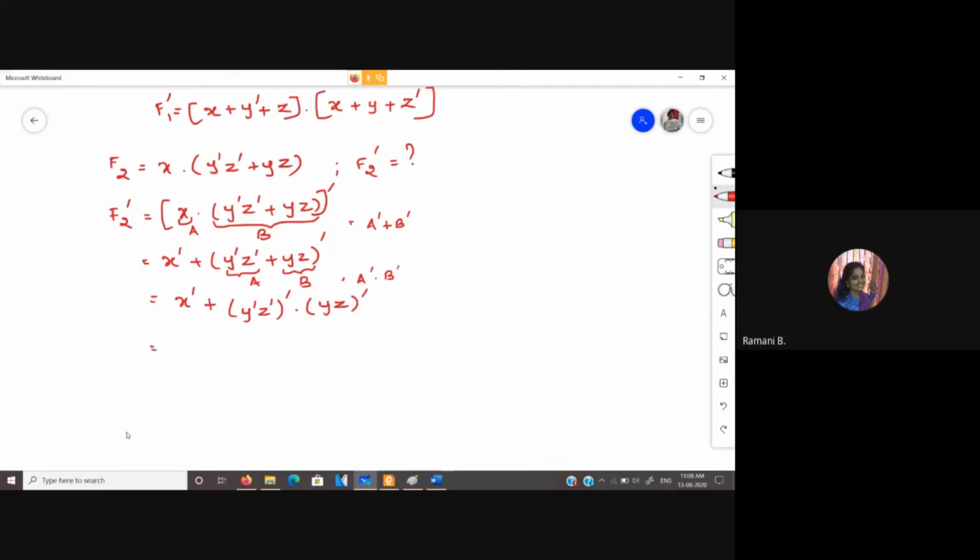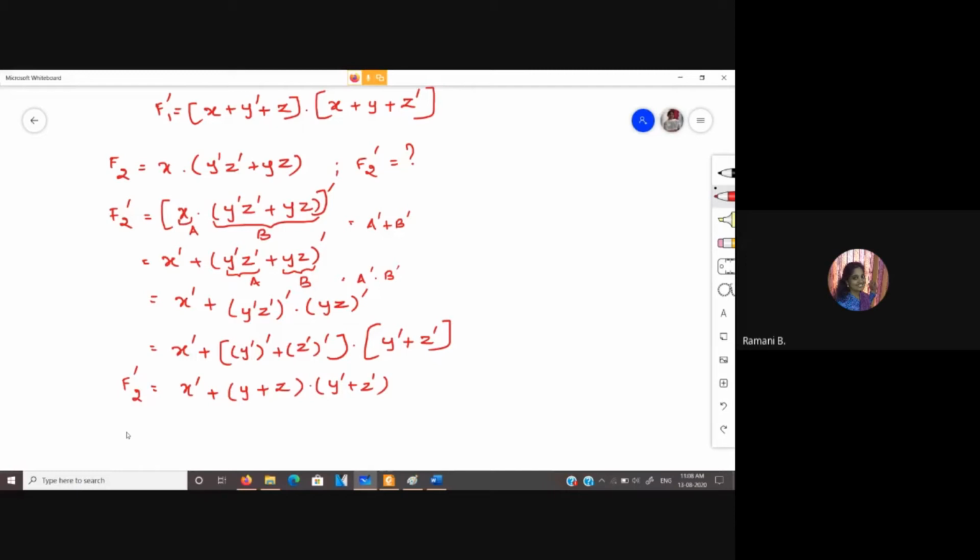Now again applying De Morgan's theorem, this will be x bar plus y bar the whole bar plus z bar the whole bar dot y bar plus z bar. So this will be x bar plus, so y double bar will be y and z double bar will be z. So this will be our expression for the complement. This is our f2 bar.